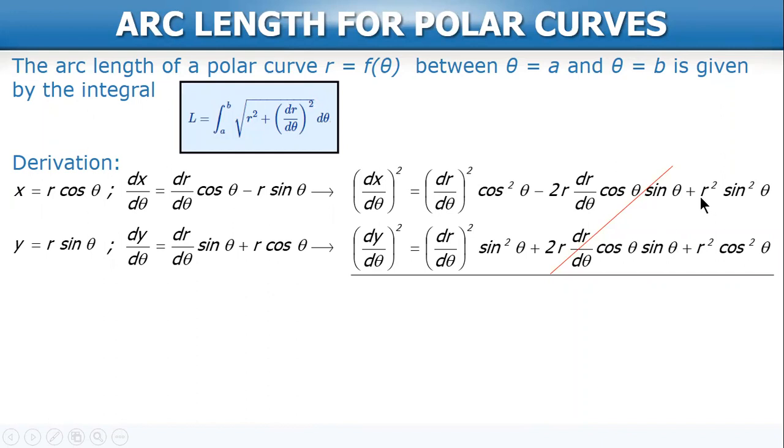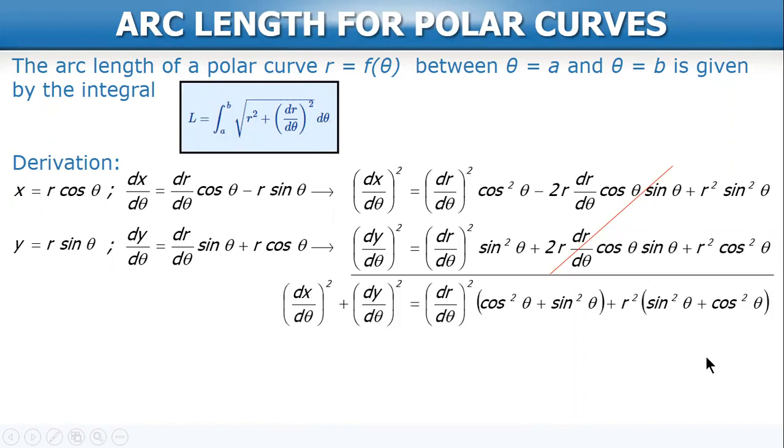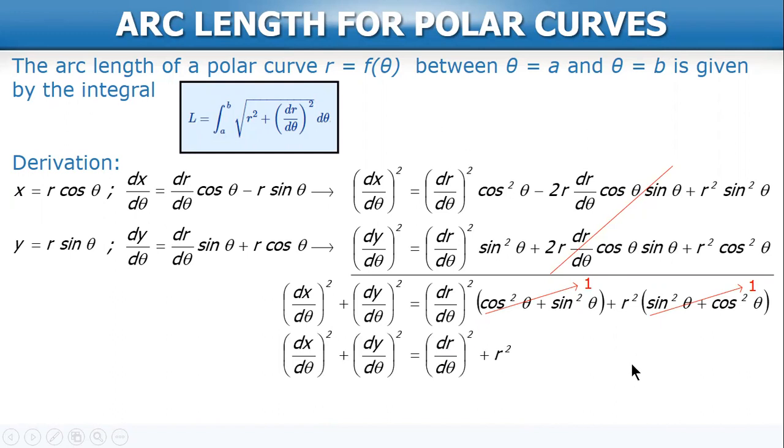For the last term, the common factor is r squared, and we add the sine squared and cosine squared. But if you'll notice, this one is a trigonometric identity, and this is equal to 1. So it is the same for both, 1. To simplify, 1 is the result.